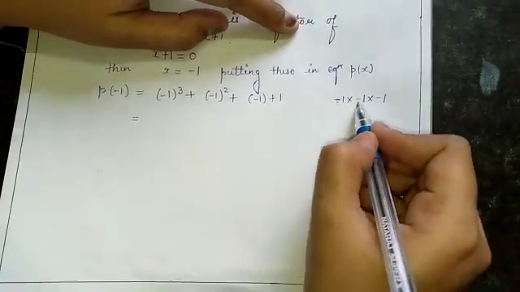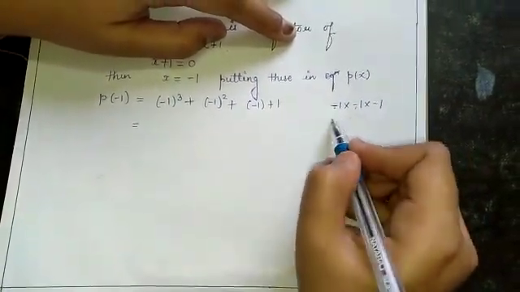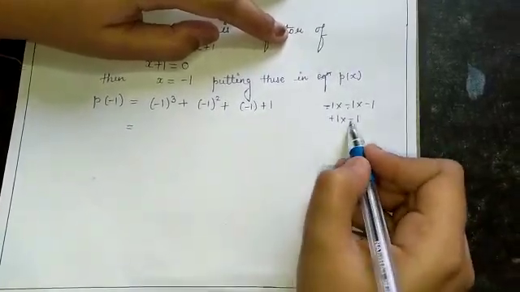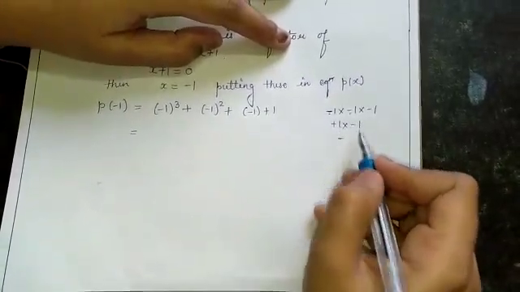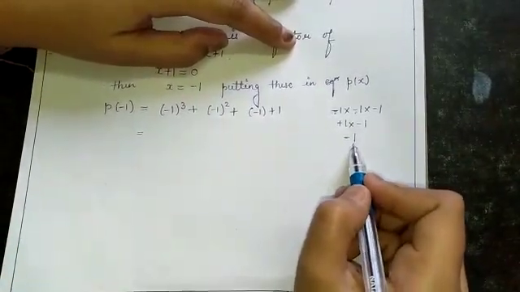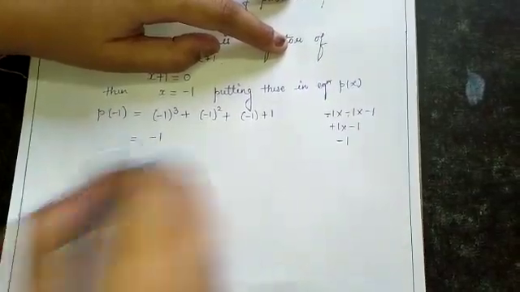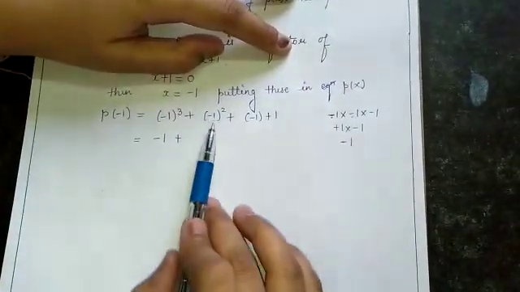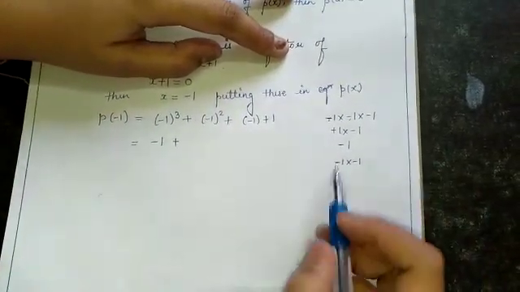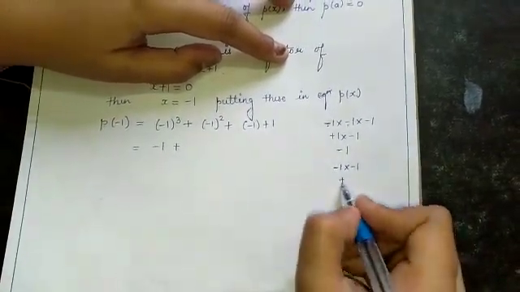So minus into minus is plus, so this is plus 1 multiplied with minus 1 gives plus into minus is minus, and 1 ones are 1. So this is the cube of minus 1. So here I write minus 1 plus the square of minus 1: minus 1 into minus 1, minus into minus is plus, 1 ones are 1.